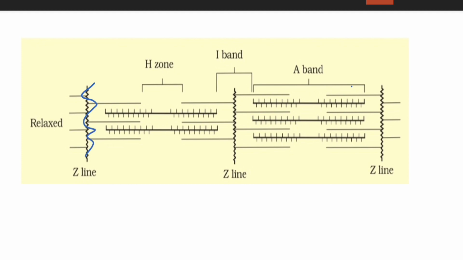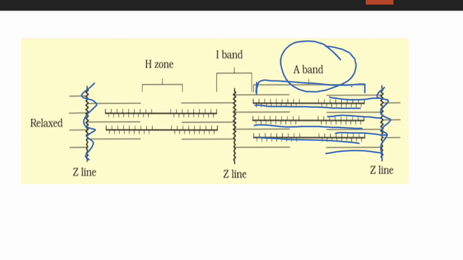See, this is a Z line, which is a zigzag line. To the Z line, thin filaments are attached, and in the center there are thick filaments present. This is called the A band. The portion which covers the thick filaments, or the myosin, is called the A band.